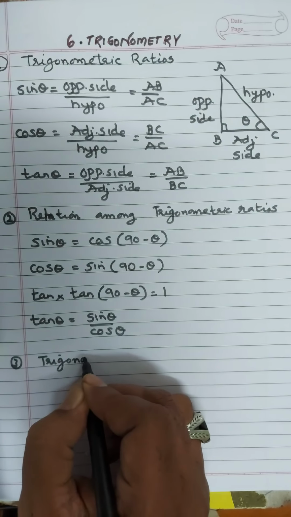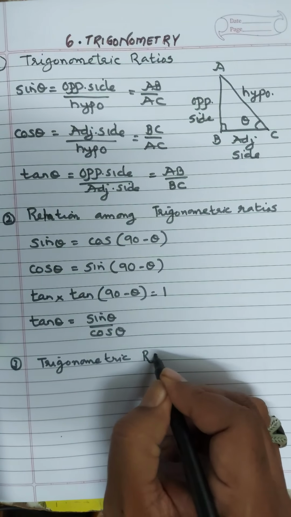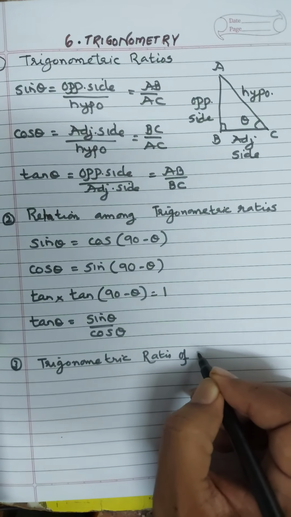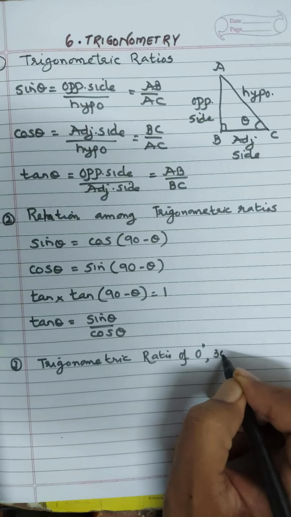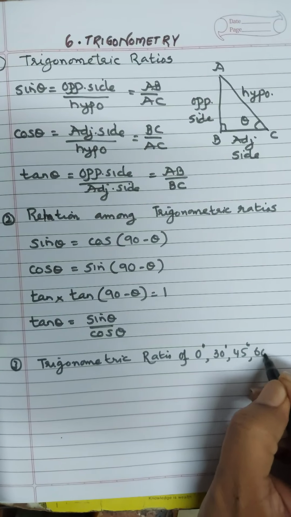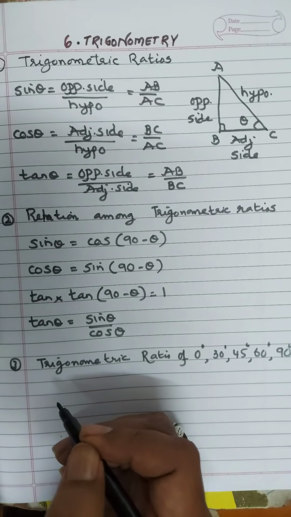The trigonometric ratios of 0 degree, then 30 degree, then 45 degree, then 60 degree and 90 degree. Okay, it is also very simple.